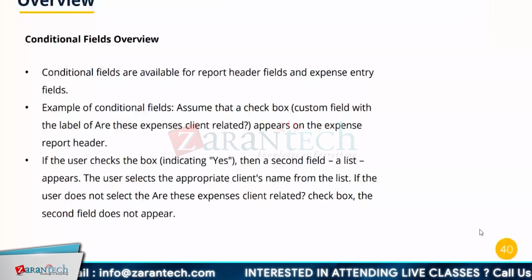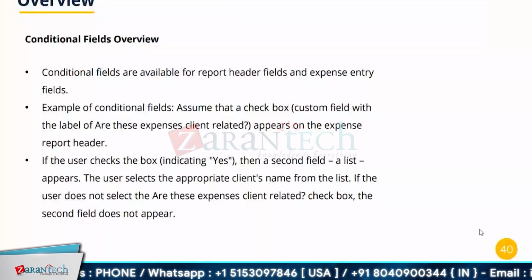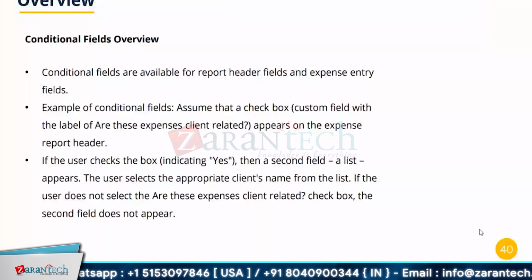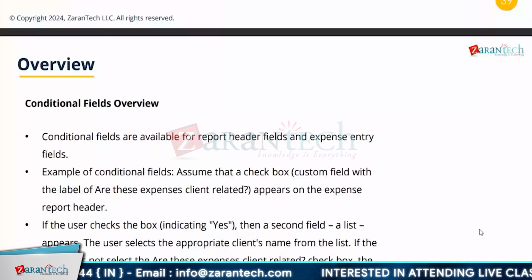The user selects the appropriate client name from the list. If the user does not select the expense client related checkbox, the second field does not appear. So that's about the conditional fields, in the expense entry and the header.